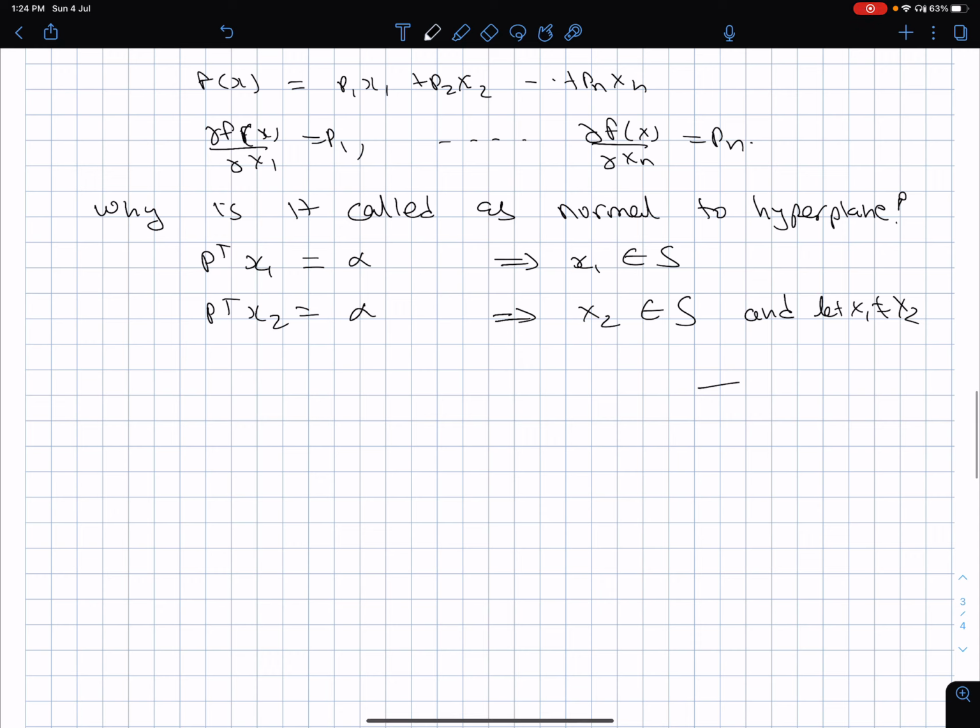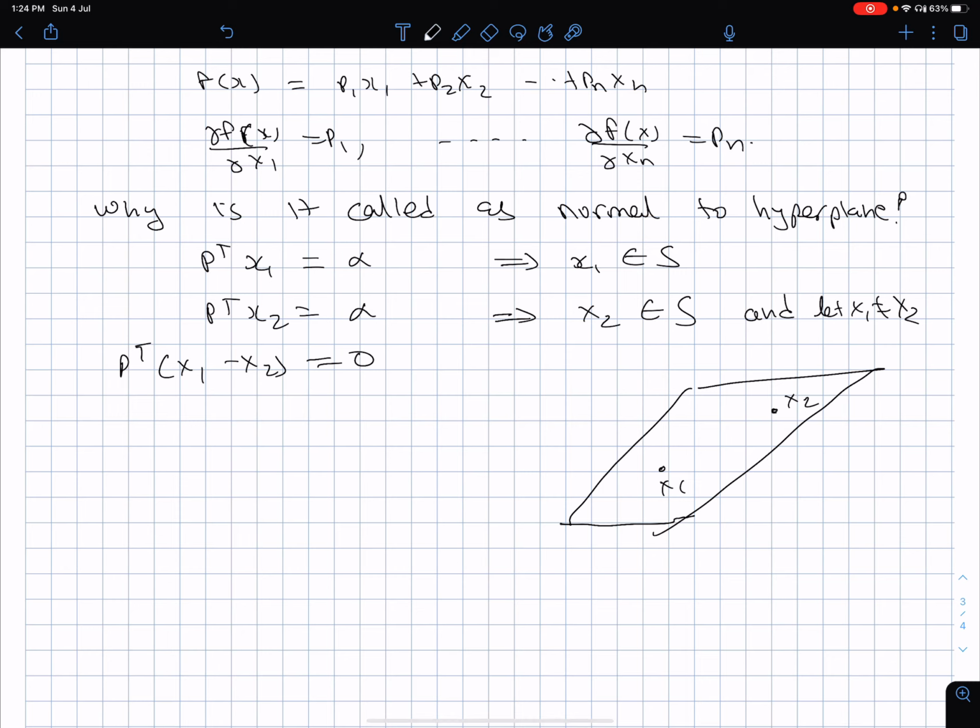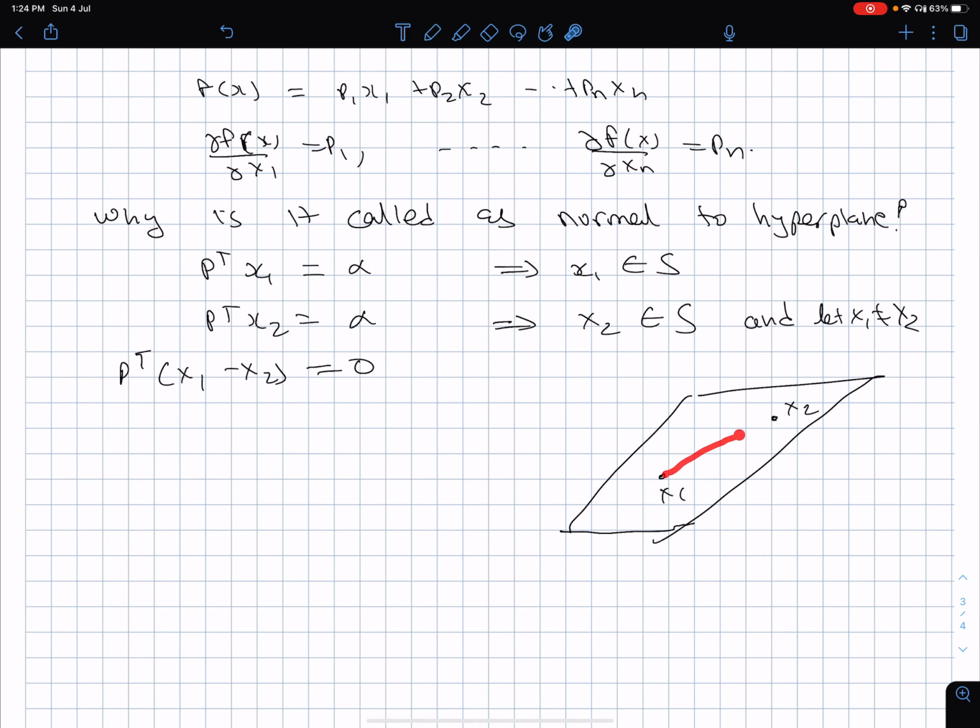For example, on a plane, this is one point x1 and this is another point x2. Now subtract. P transpose times x1 minus x2 is equal to 0. What does that mean? That means the P vector is orthogonal to the x1 minus x2 vector.